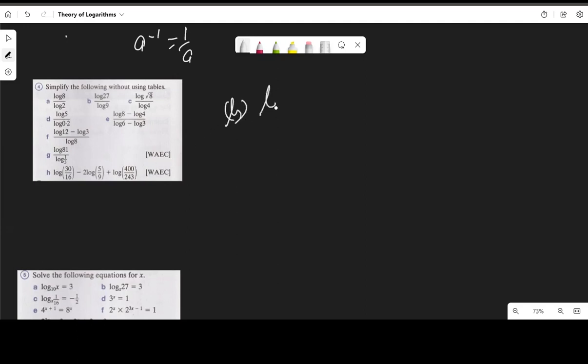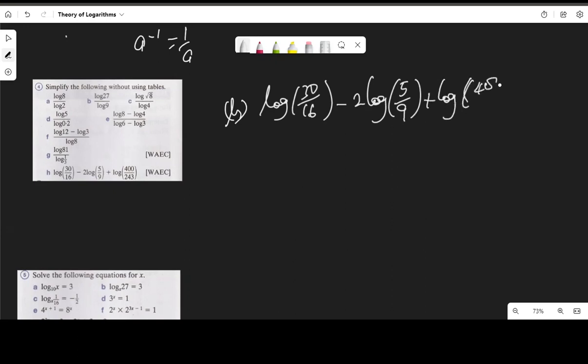H, we have log 30 over 16 minus 2 log 5 over 9 plus log 400 over 243. Applying the laws of logarithm, this will be log.